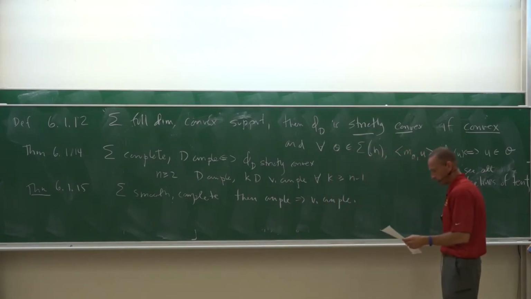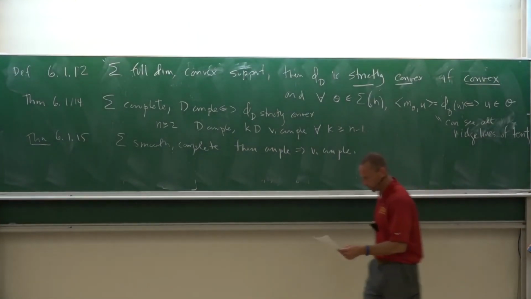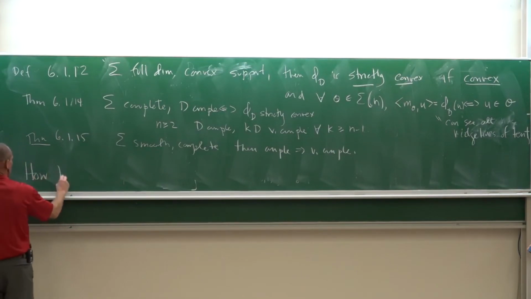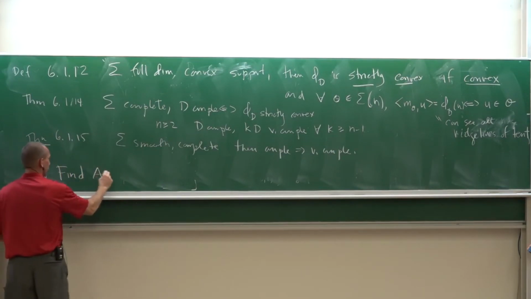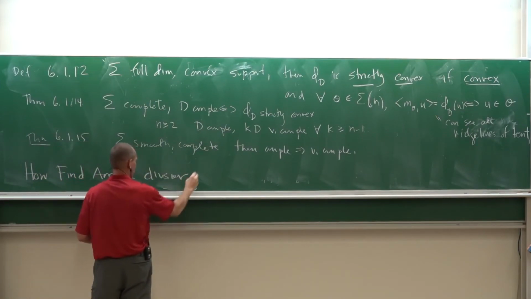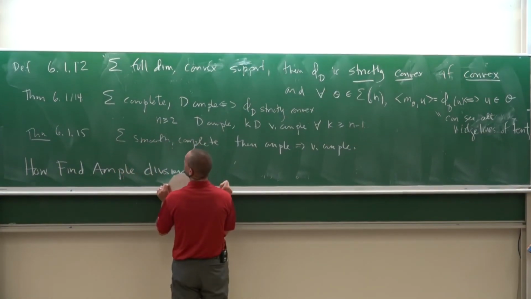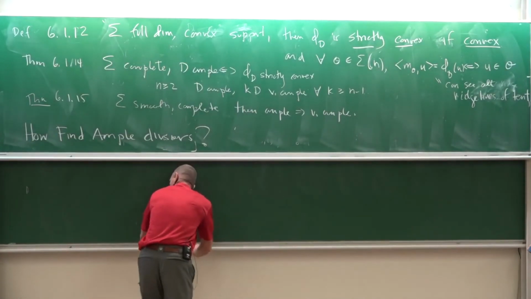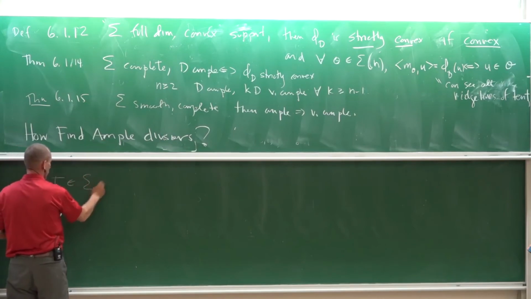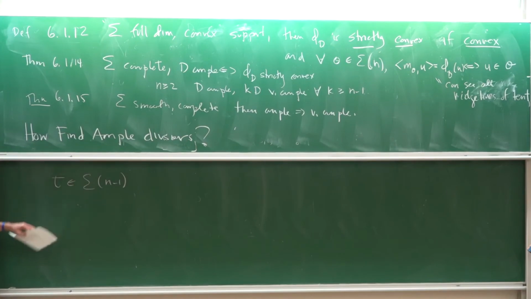So I want to do one last example of how to determine ample divisors. So the idea is the following: how to find ample divisors. And the answer is, suppose that tau is a wall, so a codimension 1 face, if the maximal cones are of dimension n.